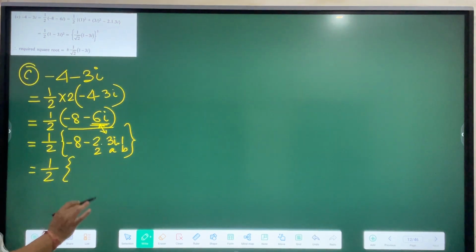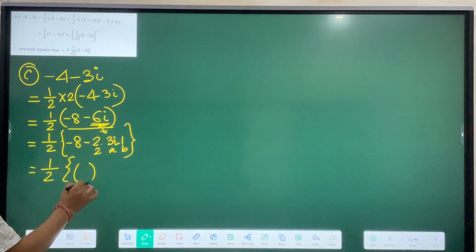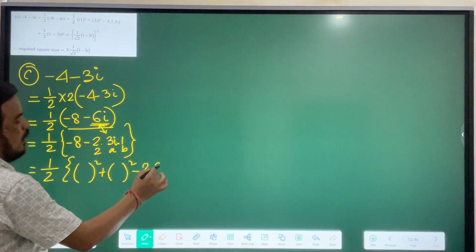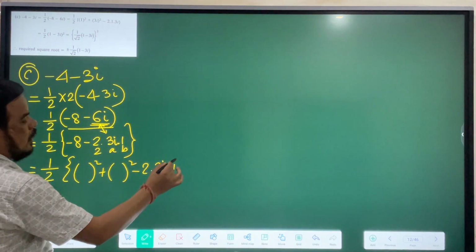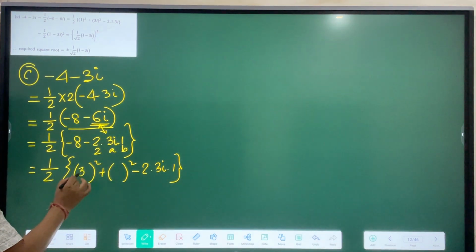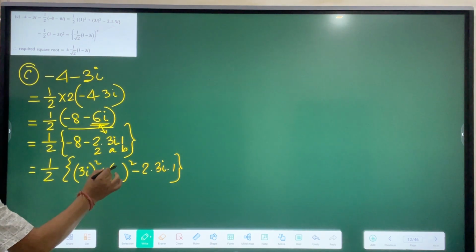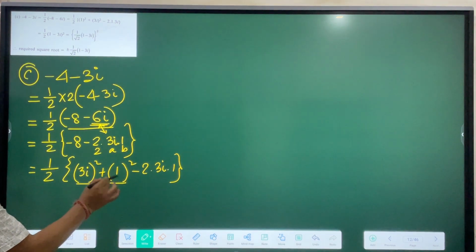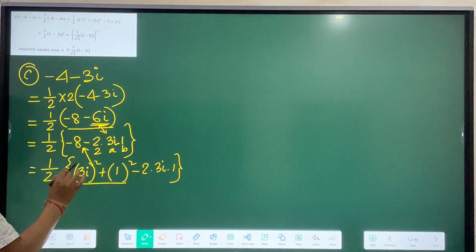Twice ab calculation is also correct. So let us write a square plus b square minus 2ab as it is. I hope you understand. Twice ab. What is a? This is the place for a. This is the place for b. So in these two calculations, if we get minus 8, that means whatever is done by us is correct.